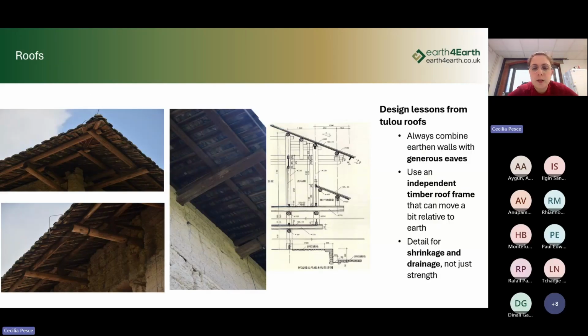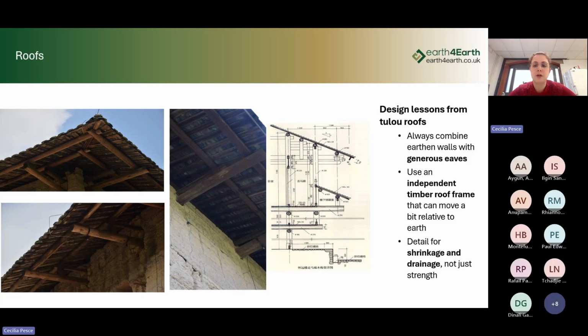And then we can look at the roofs and we can draw some lessons from this element. So the roofs, first of all, they always have generous eaves, which would provide protection from the weather, from moisture, from rain. The roof is an independent element from the earth walls.